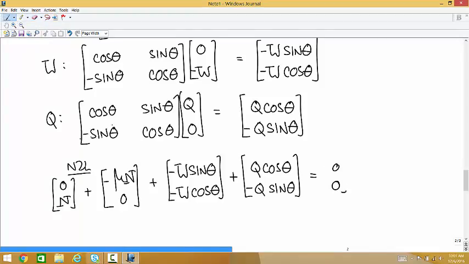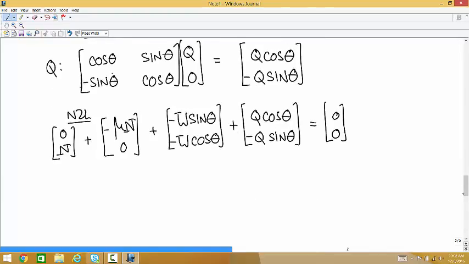We're assuming that this isn't accelerating. And so now you have two equations. You can solve this system for, what are we solving for? For Q, I guess. So we're going to solve for the Q that's required to maintain a constant angular velocity.